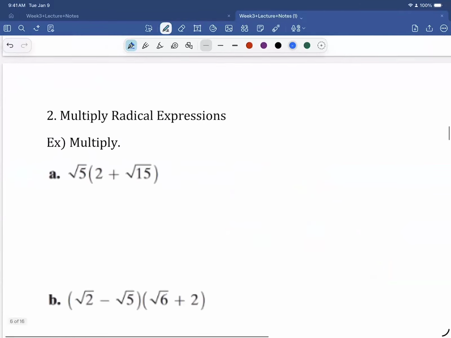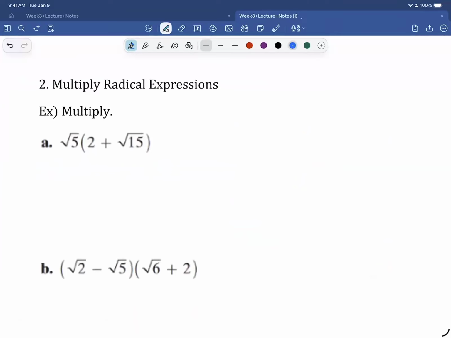Okay. What about multiplication? So the square root of 5 times 2 and then square root of 5 times square root of 15. So this is 2 square root of 5, plus the square root of 5 times square root of 15. So 5 times 15 is 75. Let's simplify 75.